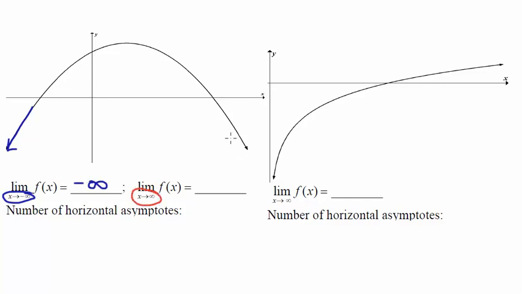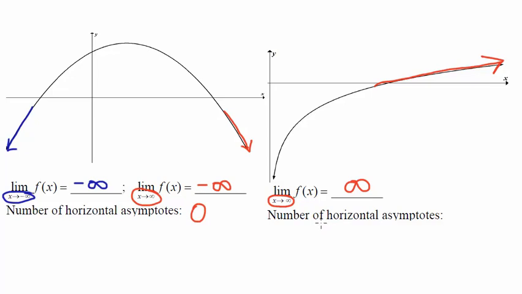And then this piece tells me right. When I go to the right, I'm also going down, so that would also be negative infinity. Then in this case, we don't have a left-hand limit because we have this asymptote here. So here, if I go to the right forever, I am going up, so that would be positive infinity. Now I forgot to answer this question over here on the left. The number of horizontal asymptotes, that would be 0 here.